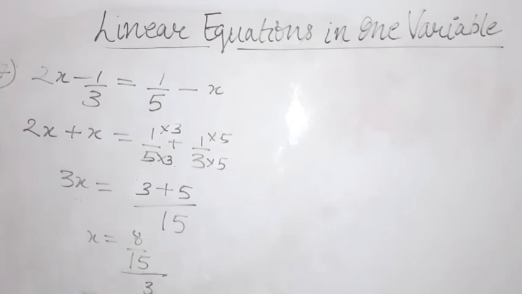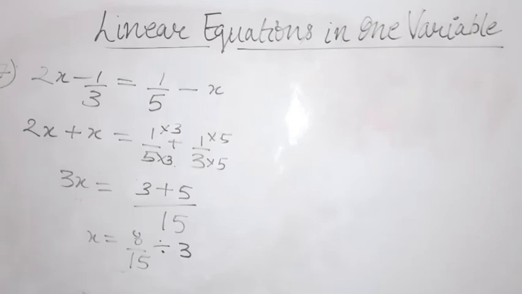I have already told you how to divide two rational numbers. Some students may find it difficult to read 8 upon 15 upon 3, so I will show it as the process of rational numbers: 8 upon 15 divided by 3. This is the way we have to write.